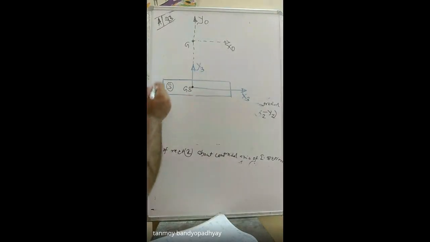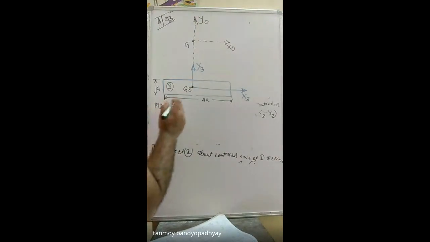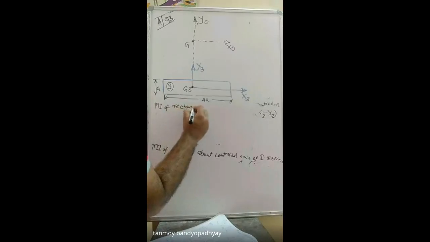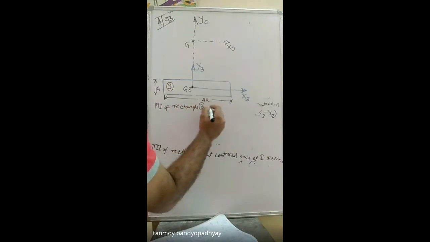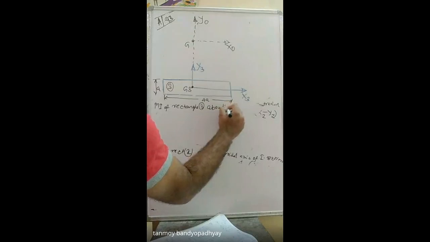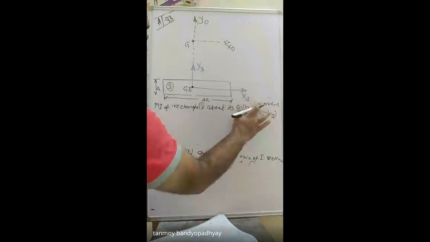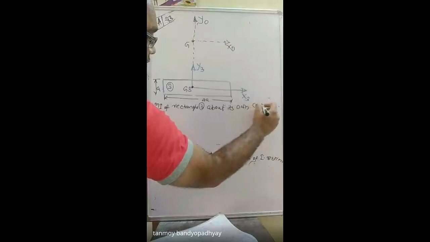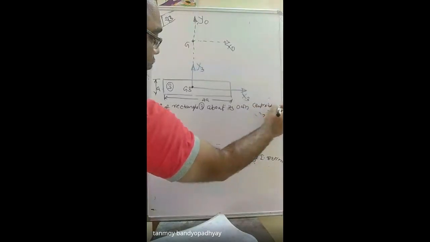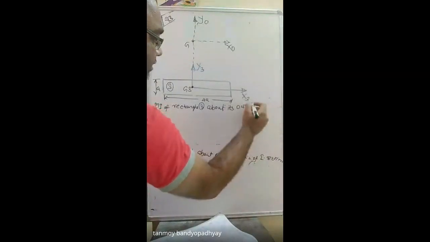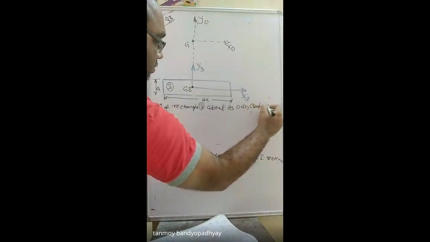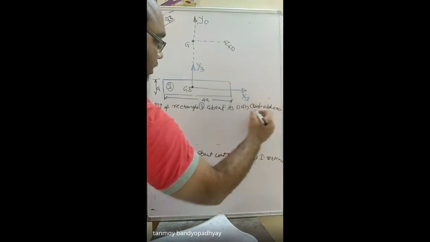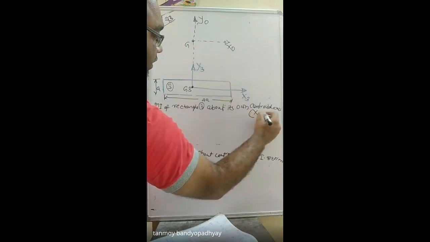Let me write the values, otherwise once again I will be making mistakes. So this is 4a. The MI of rectangle 3 about its own centroidal axis, which is x3, y3.